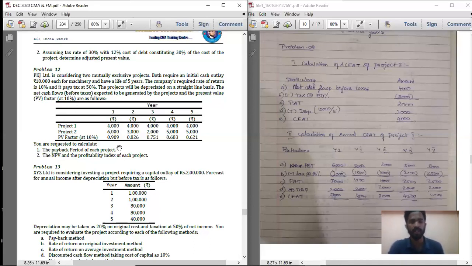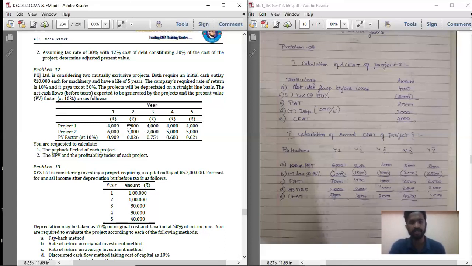In the table below, they have given the cash inflow for every year for 5 years for project 1 and project 2, which are two mutually exclusive projects. For project 1, every year it is 4,000, which is not cash flow after tax, it is net cash flow before tax.